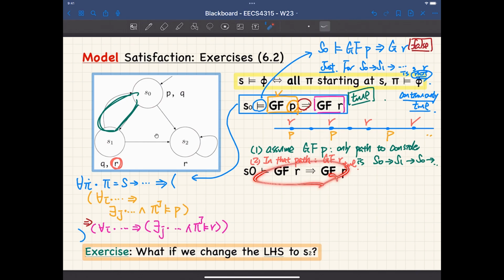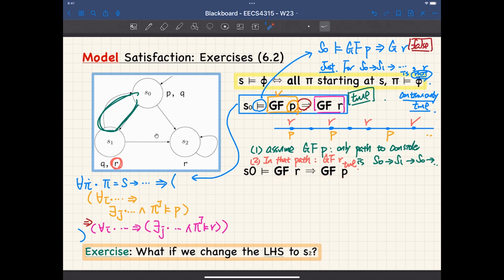False? Okay, if you think false, give me a witness path. Actually, for this, if I give you an exam question here, most likely the witness should be S0, S2, S2, S2, most likely. Don't worry, I'm not going to give you the same one for the exam, right? I'm going to give you a new one. But for this one here, basically, you want to find a witness path, right?